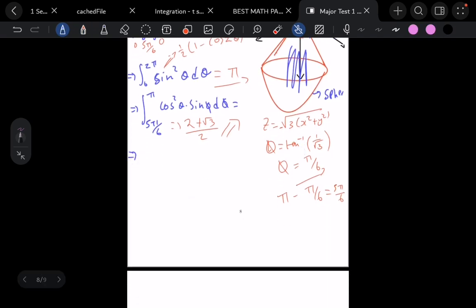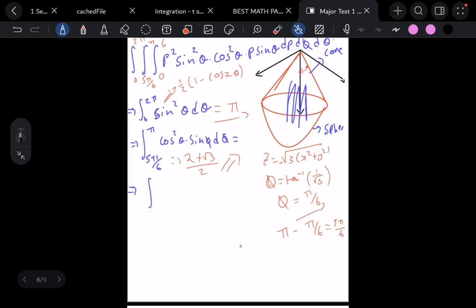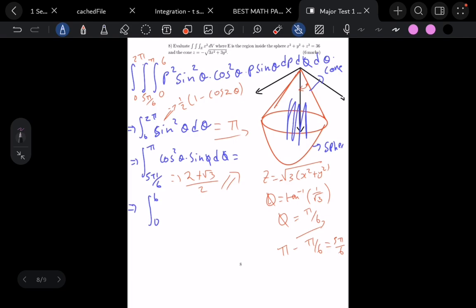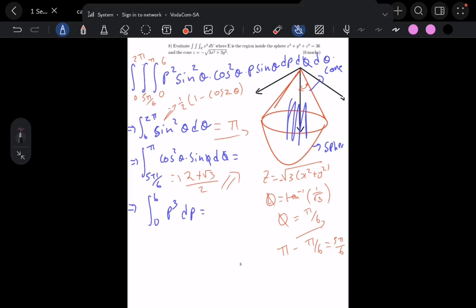The last integral is an integral from 0 to 6 of rho cubed d rho. What is the answer there? So rho to the 4 over 4 between 0 and 6.